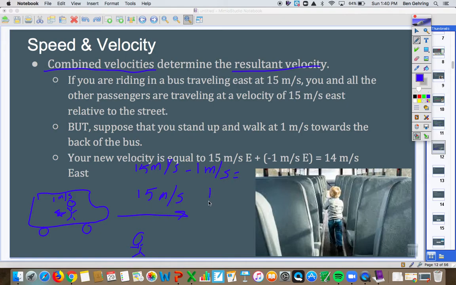So you're going to be moving at 14 meters per second still to the east because this is such a greater quantity. So the bus is going to move this way, but you are walking towards the back, which drops your resultant or total velocity by 1 meter per second.